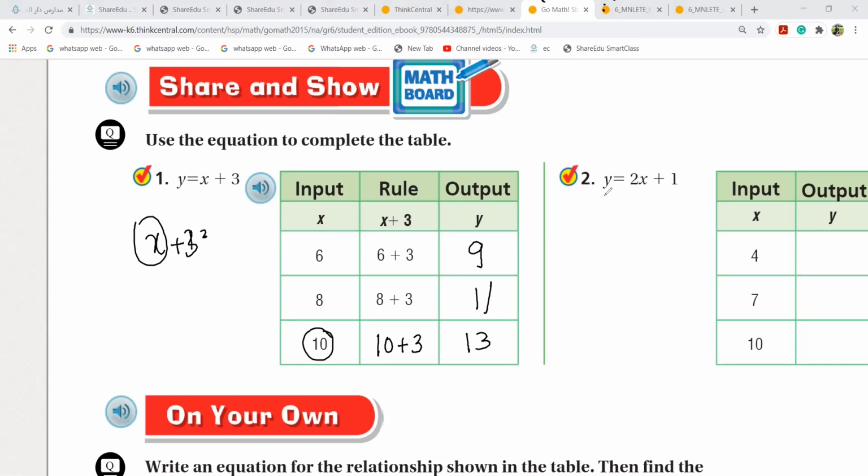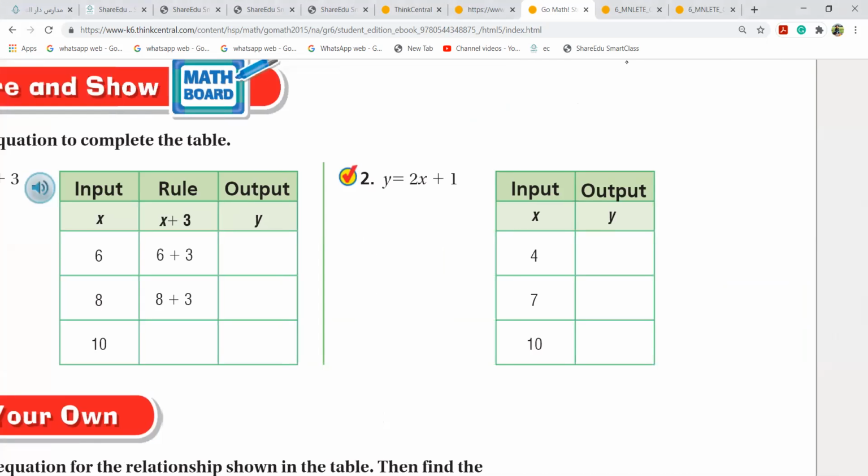Okay, Miss, I understood, but I didn't understand how you get this. 1 minute, I erased it. It's okay. Again, instead of x, I need to put 10. And then I get 13. What didn't you understand here?